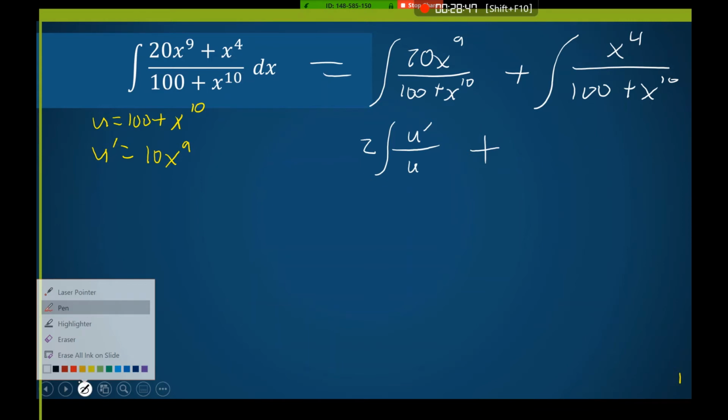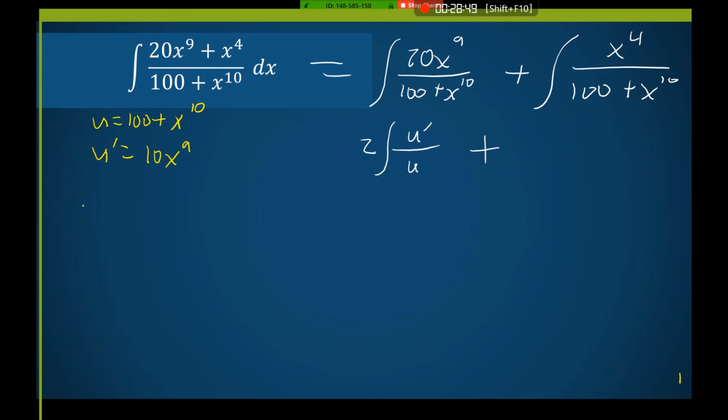Okay, so our formula for inverse tangent, I'm going to write over here really quick. Arctangent is the integral of du over a squared plus u squared is equal to 1 over a times the arctangent of u over a plus c.